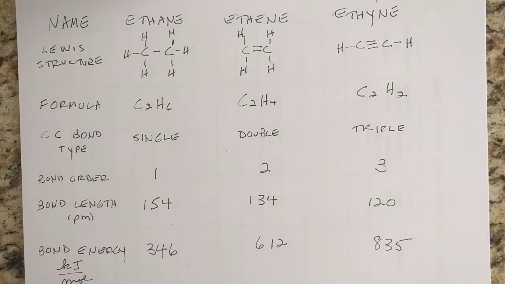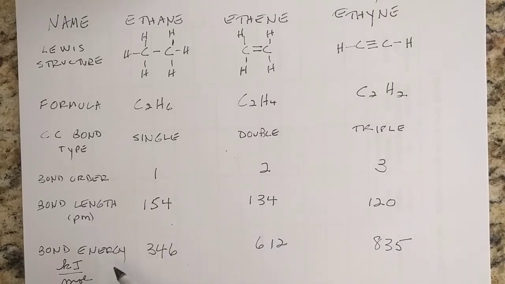All right, so what scientists do is they collect data and they try to look at the data and analyze it and see if they can come up with trends. So if we look at the bond length, we can see that going from a single to a double to a triple, the bond length goes down, it decreases, the bond length gets shorter. And if we look at our bond energy, going from a single to a double to a triple, the bond energy goes up.